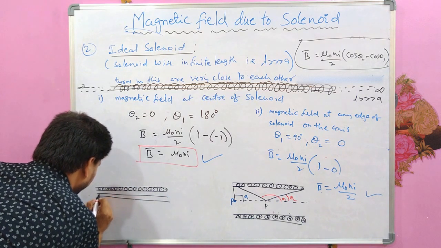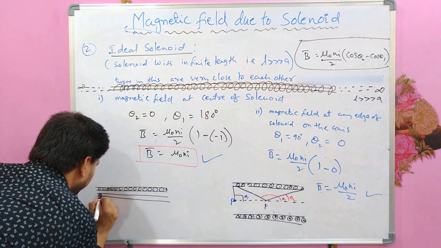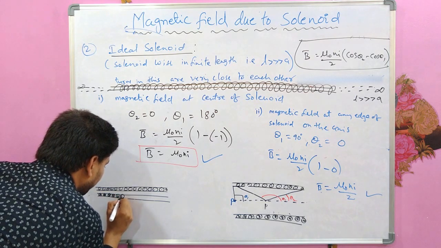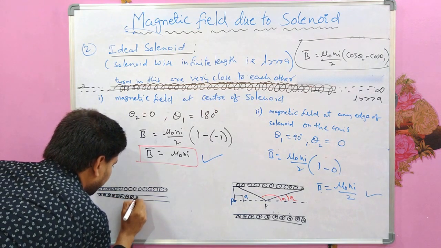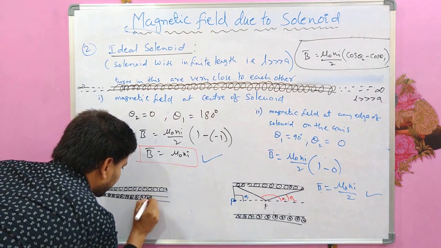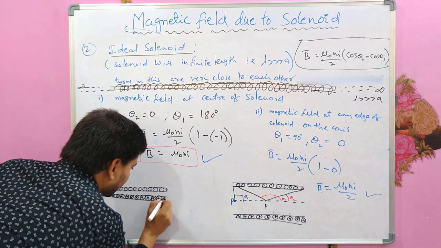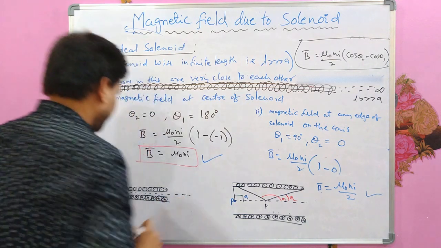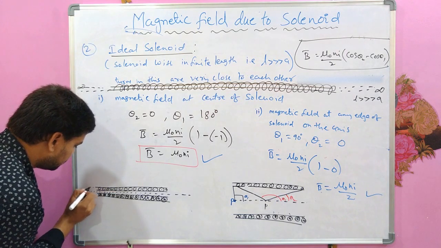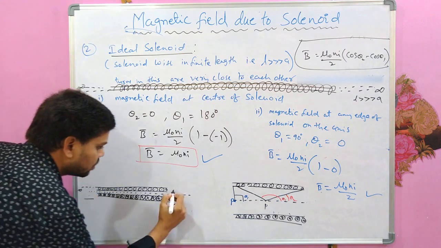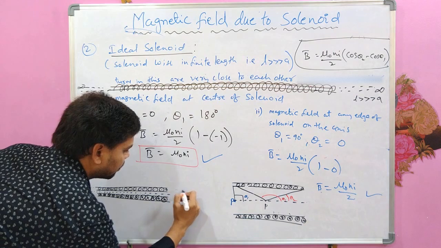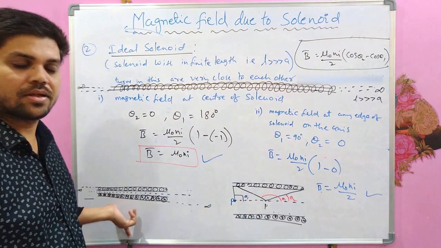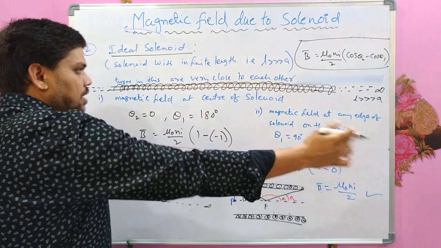Magnetic field direction is always along the axis of it. This is infinite. This is infinite. A is very, very small and L is very, very large.